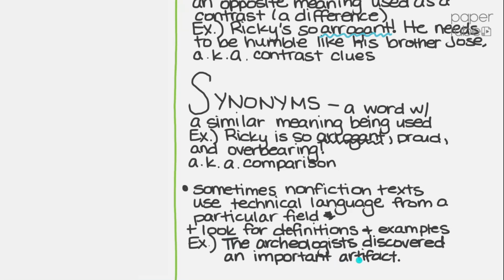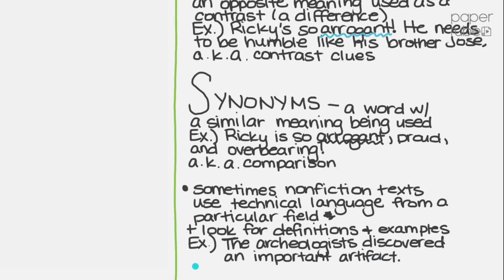But you do know what an artifact is, that it's basically something that humanity has created from a time in history. So an archaeologist would be somebody who's probably studying old stuff, right?